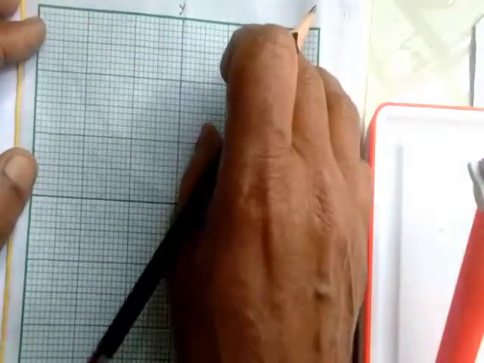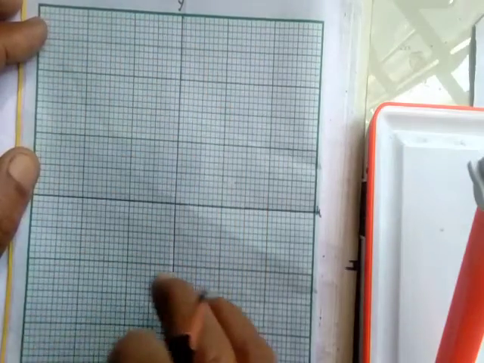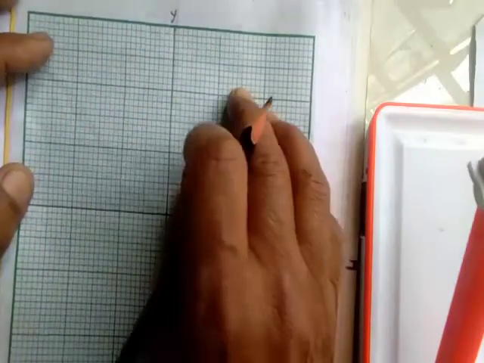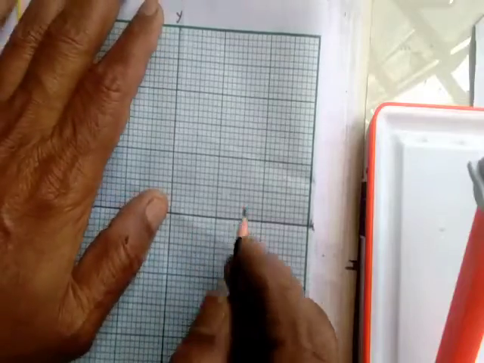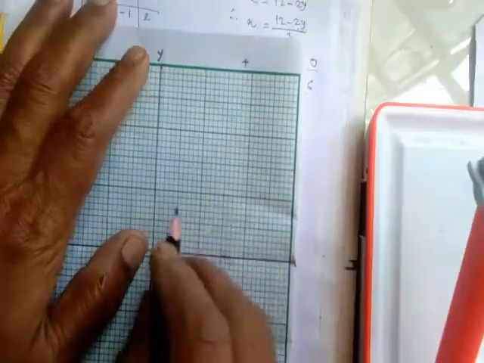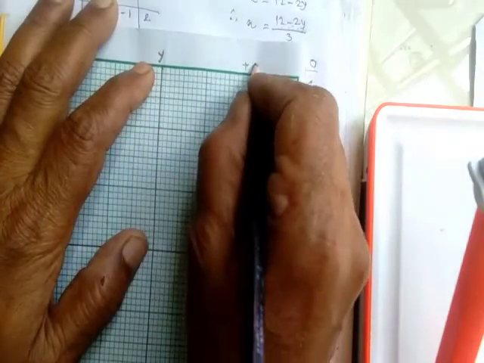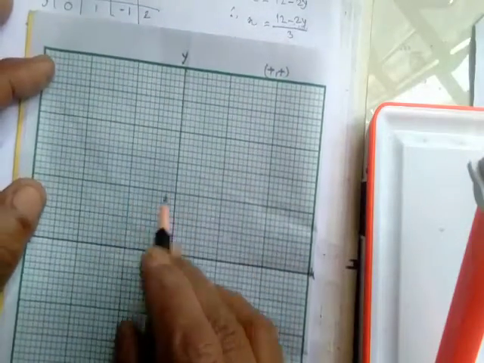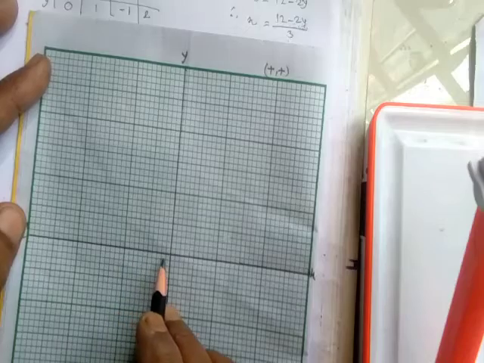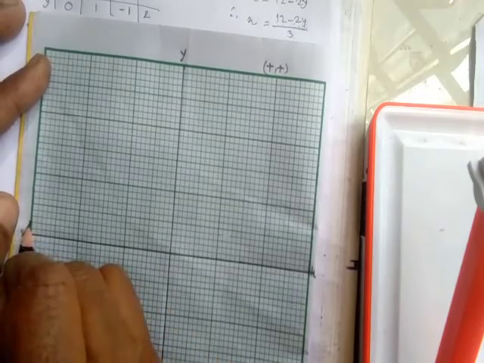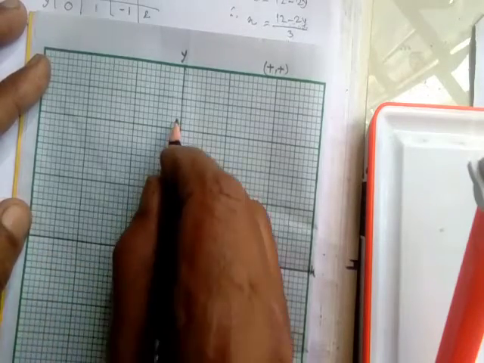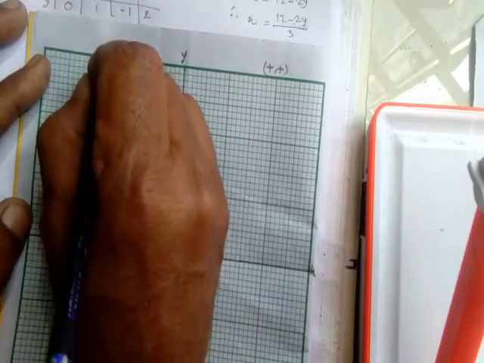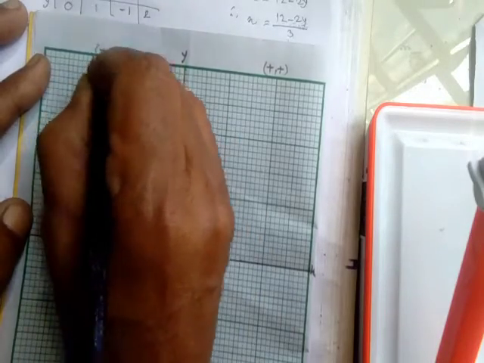Now each of these 4 parts is called a quadrant. This is the first quadrant, this is second, this is third, and this is fourth. In the first quadrant, x value is plus, y value is also plus, so both plus plus. Second quadrant, x is minus and y is plus, so minus plus.